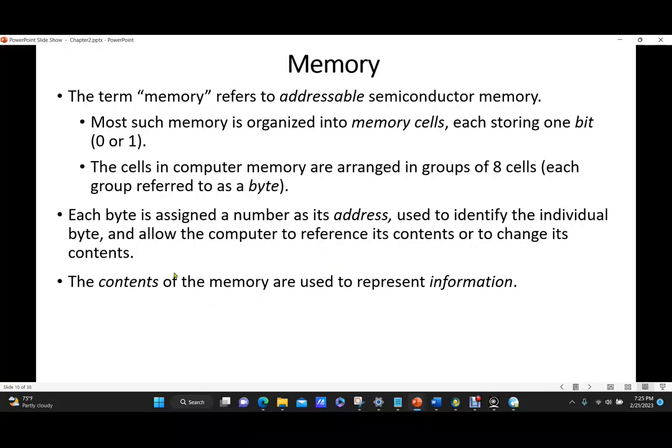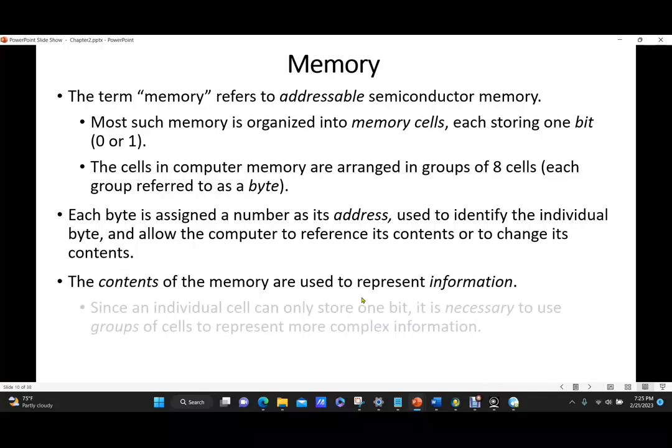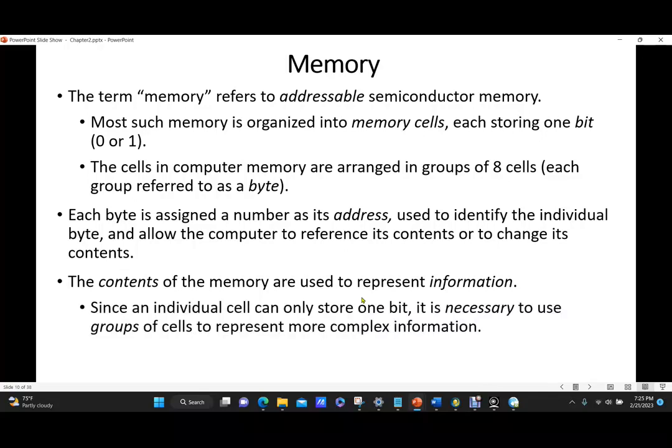The contents of memory represent information. And since an individual cell can only store one bit of information, a 0 or a 1, it's necessary to use groups of cells if we're going to be dealing with information of any complexity.